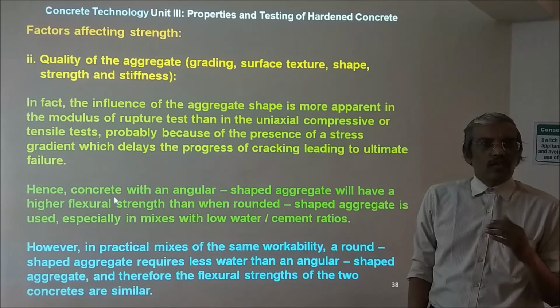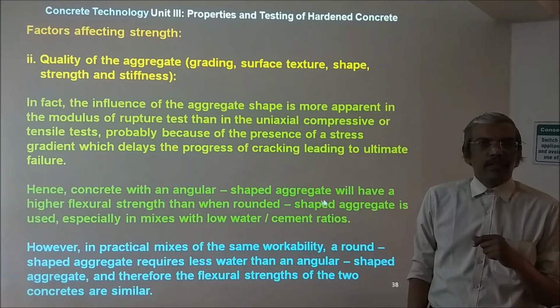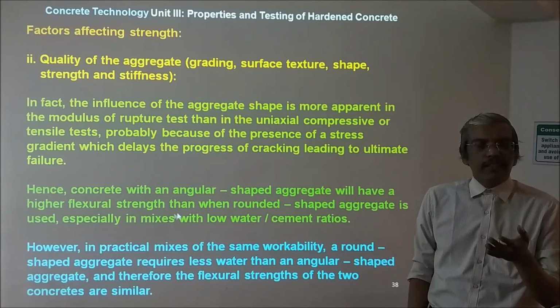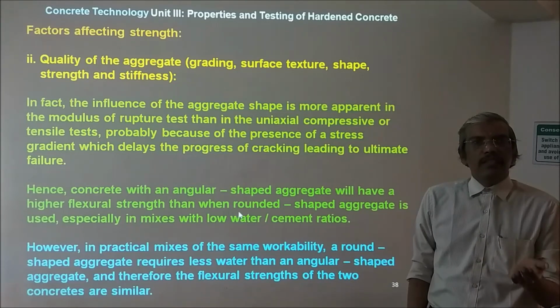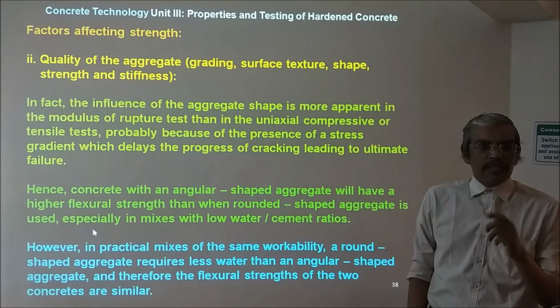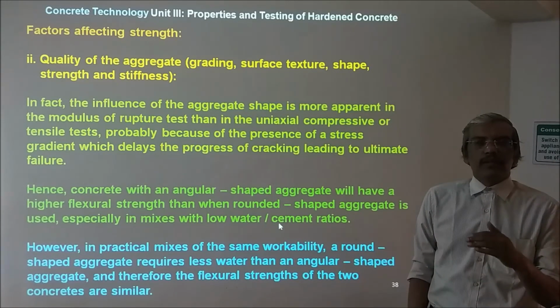Hence, concrete with an angular shaped aggregate will have a higher flexural strength than when the rounded shape aggregate is used, especially in mixes with a low water cement ratio.